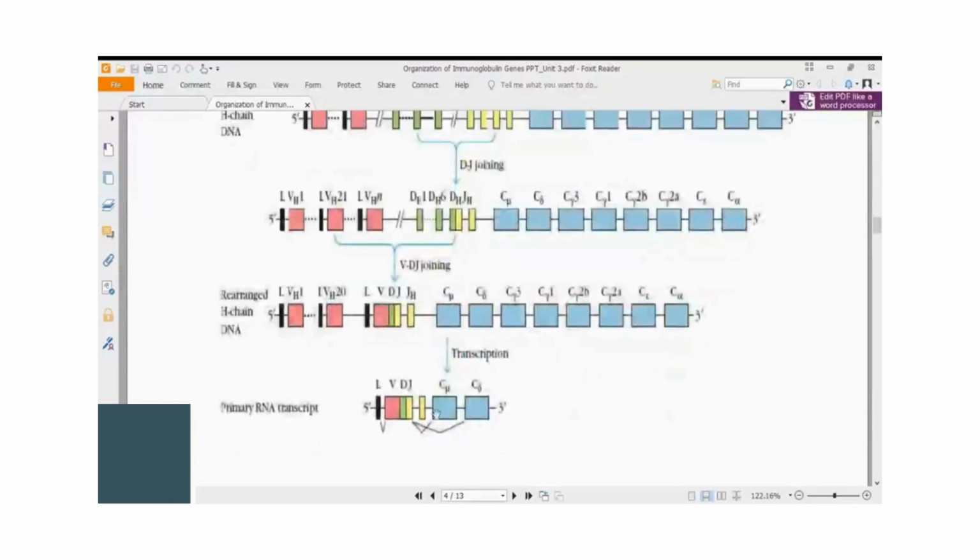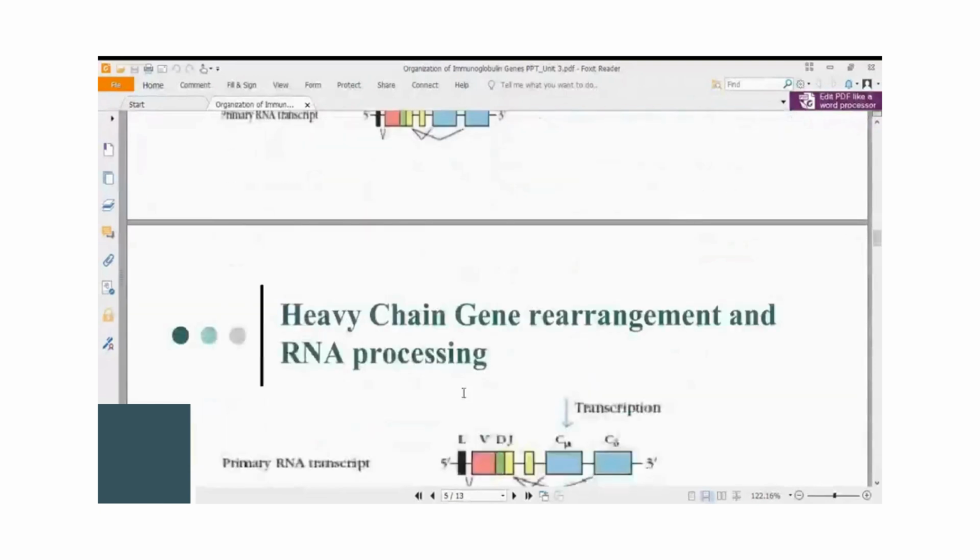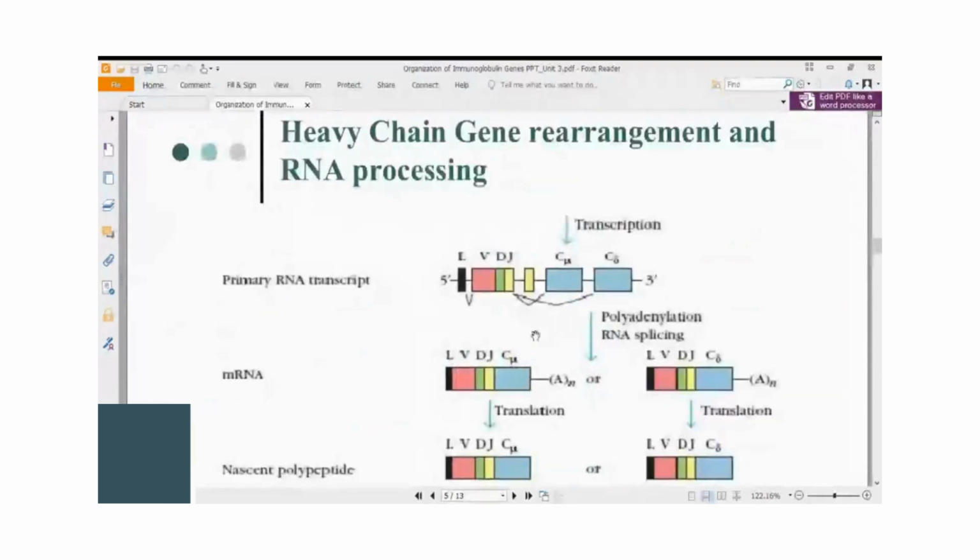That is what is shown here. VDJ is going to show two different recombinations, VDJ with C mu, VDJ with C delta. So that recombination can be represented like this. You have now VDJ C mu, one heavy chain gene combination, another heavy chain will be VDJ C delta. So you have now two heavy chain gene products.